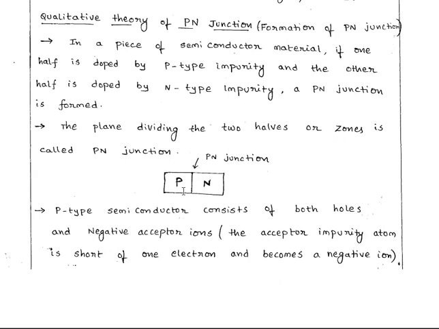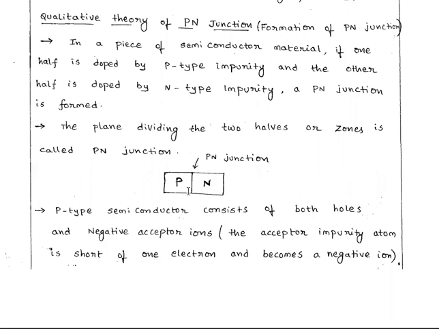P-type semiconductor consists of both holes as well as negative acceptor ions. The acceptor impurity atom is short of one electron and becomes a negative ion. Since p-type impurity contains boron atoms, which are trivalent atoms, they are acceptor atoms.